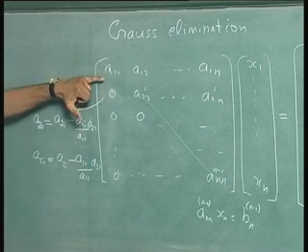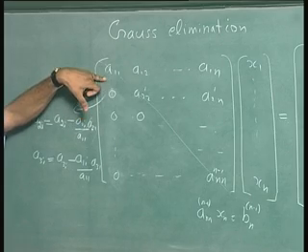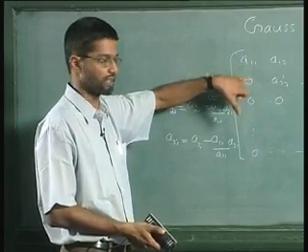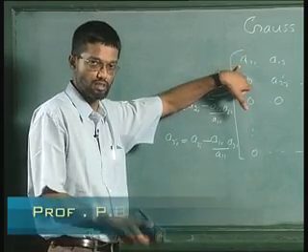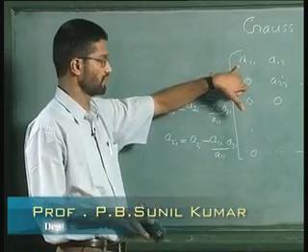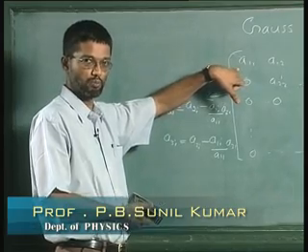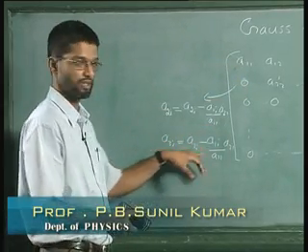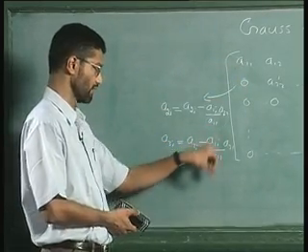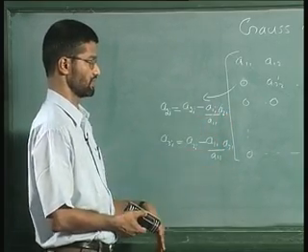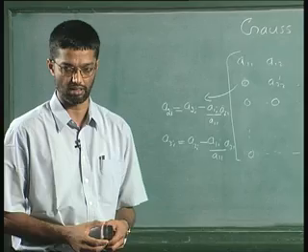So if A11 is 0, this method will not work. If any of the diagonal elements are 0, then this method will not work. Or if it is very small, then you will have a problem because the errors would be amplified, since you are dividing by a small number. That is a problem with this method which we had discussed in the last section.